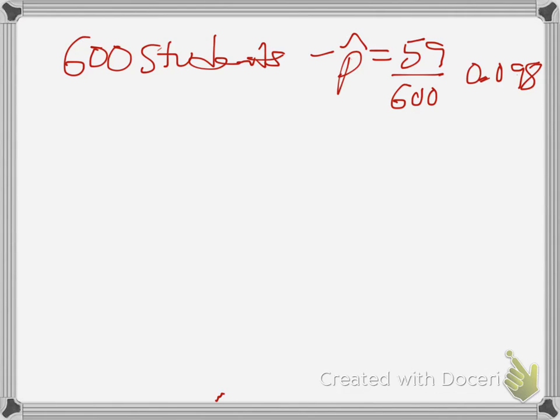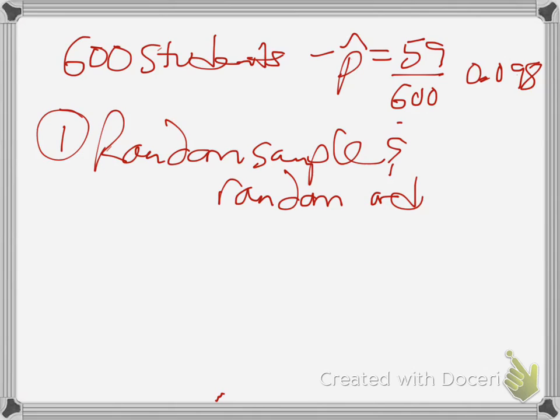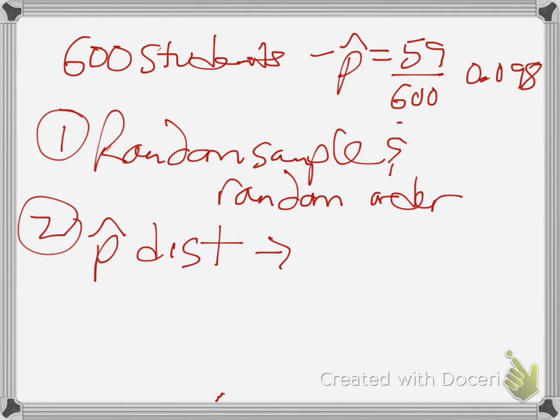Check that the conditions for inference have been met. Well, let's see. Number 1, we have a random sample of 600 students, and that was a random order that they were shown the whatever it is. Number 2, to check if the p-hat distribution is roughly normal, we need to check 600 times, not p-hat, but the null hypothesis value, which I have a calculator here to crunch. That's 50, greater than or equal to 10.